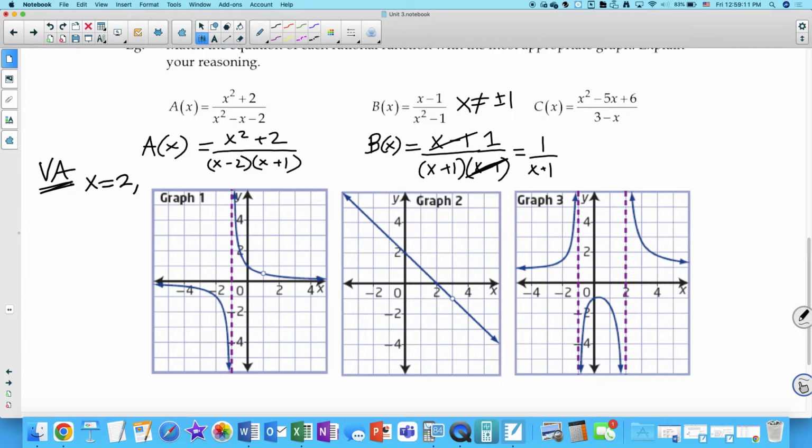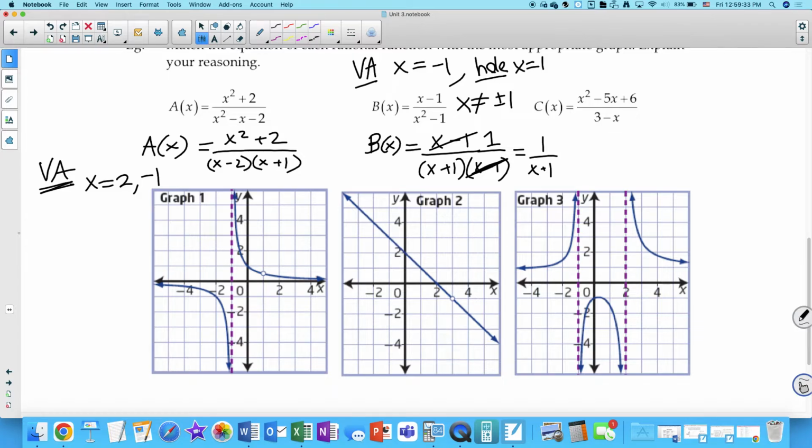For B, I'm going to have a vertical asymptote at x equals negative 1, and I'm going to have a hole at x equals 1, because that was the factor that canceled.